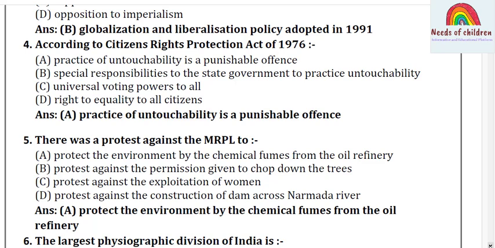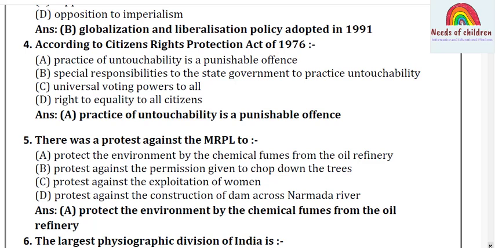Let's move on to the fifth one. There was a protest against the MRPL. Option A, to protect the environment from the chemical fumes of the oil refinery. Option B, protest against the permission given to chop down the trees. Option C, protest against the exploitation of women.